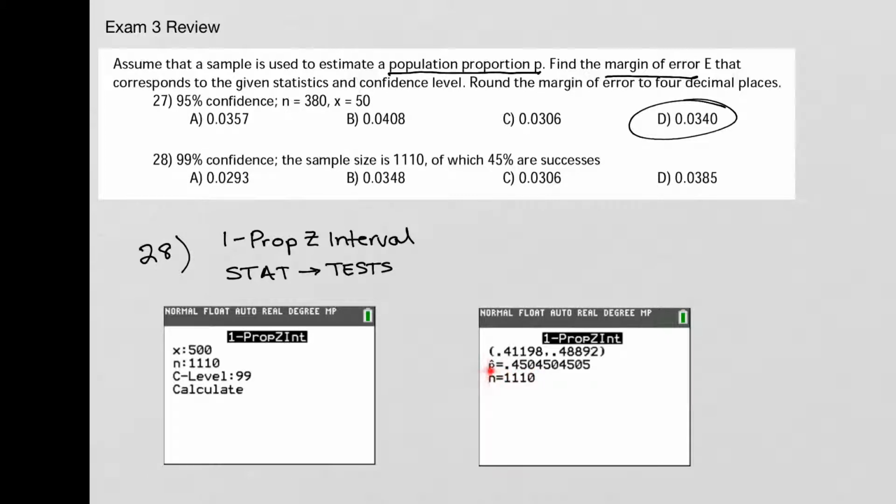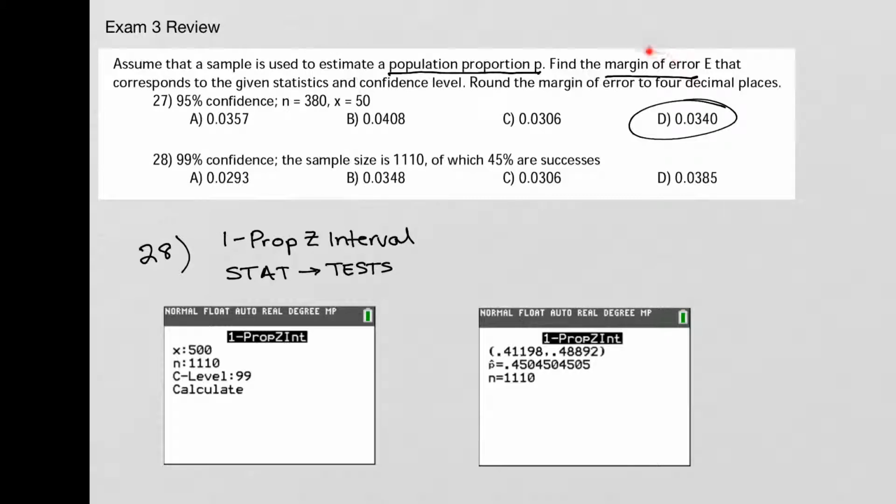Notice that our point estimate, which really should be 0.45 even, it winds up not being quite there because we had to do that little bit of rounding. So you get a little bit of error there, that's okay. So the 45% would have had to have been a rounded value to begin with. So this is really the accurate value of the percentage of successes.